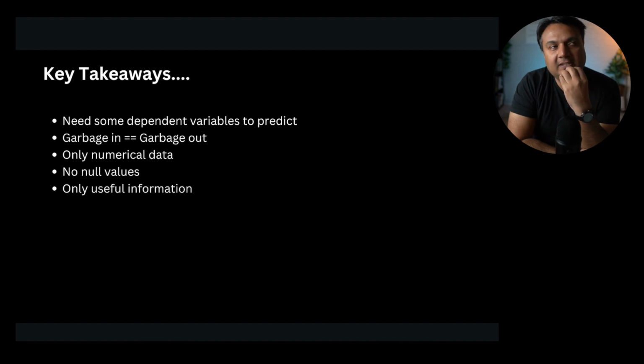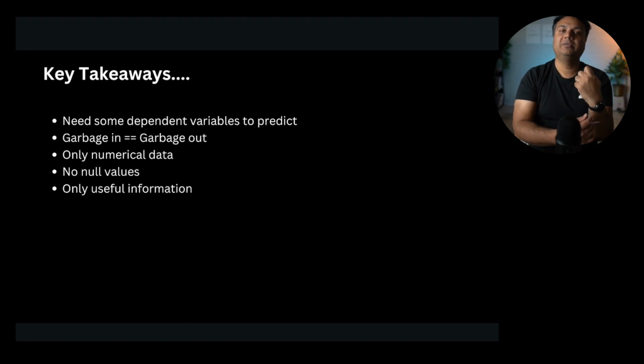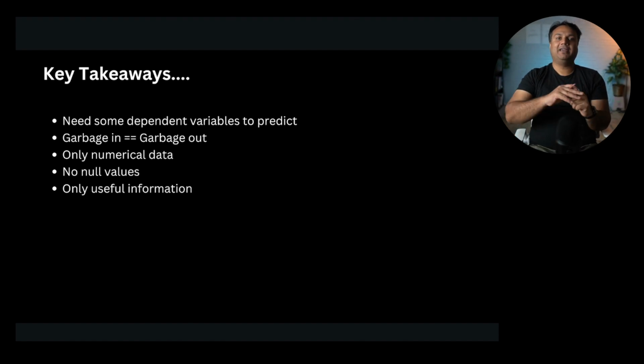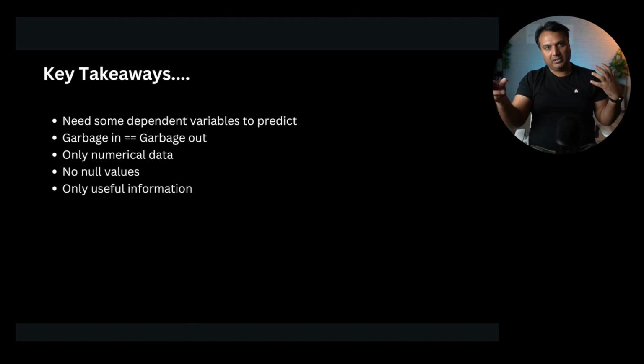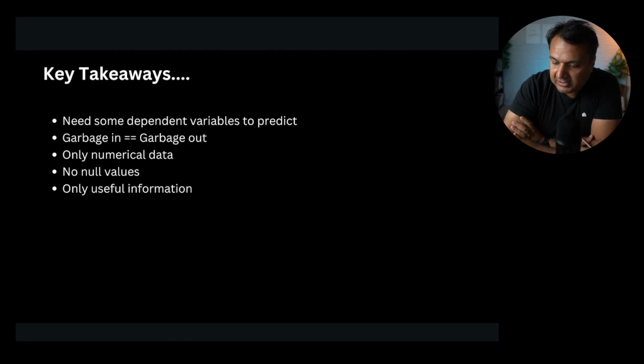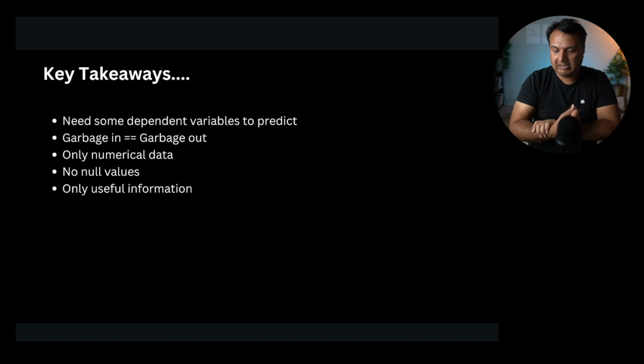And then lastly, even if we have data where there are a lot of columns and a lot of things available, we only pass in useful information. And the useful information is what we think is going to have an impact on the predictive power of what we are trying to predict. Okay, so with that, I think you now have a good idea of what linear regression is.